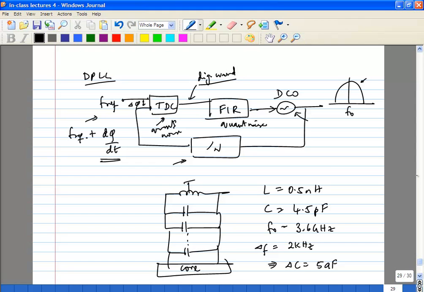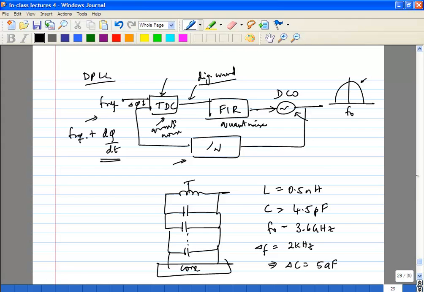As you keep increasing this, there will be implications for the TDC too, because it will need to resolve finer and finer phase resolutions, that is, time differences. Primarily, the quantization noise will be limited by the TDC rather than the FIR filter, but there will be some from both.